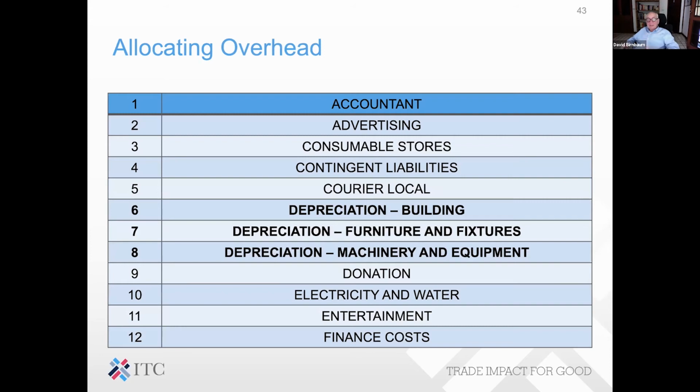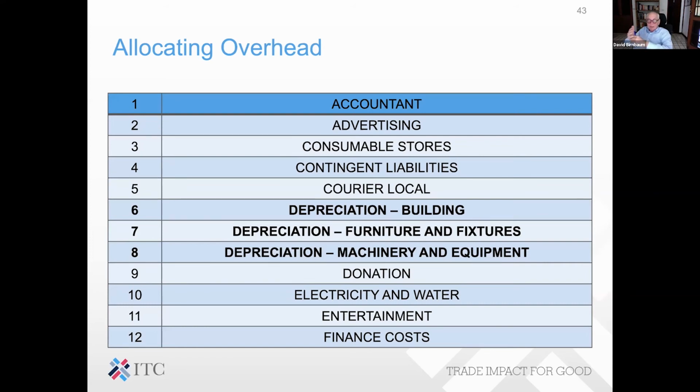Accountants, advertising, consumable stores, cleaning fluid, oil, that's a contingent liability. You have liabilities which might occur. You ship the garment late. Maybe you're going to put in a claim. You have to account for this possibility.